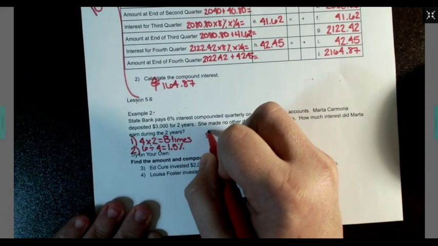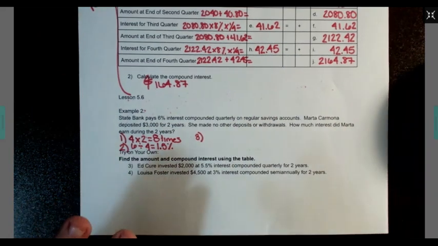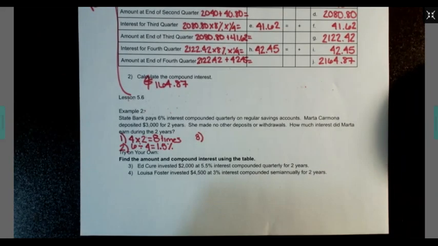Here the third part was the trickiest part of all. It says find the amount of $1 for the number of interest periods at the interest rate per period using the compound interest amount of $1 table on page A11.